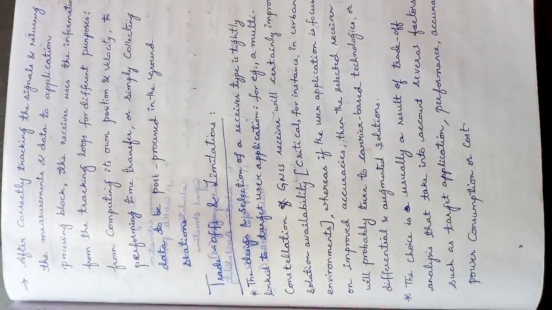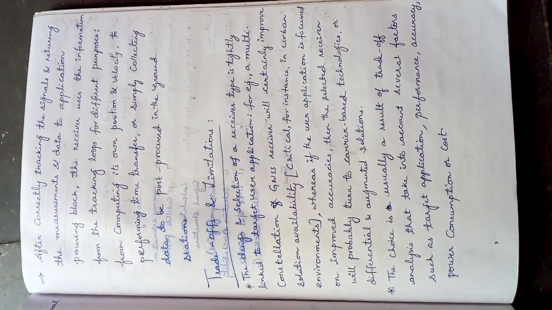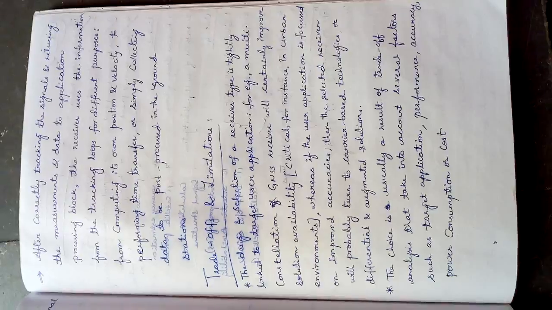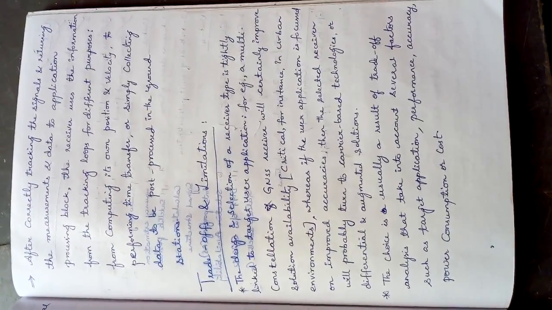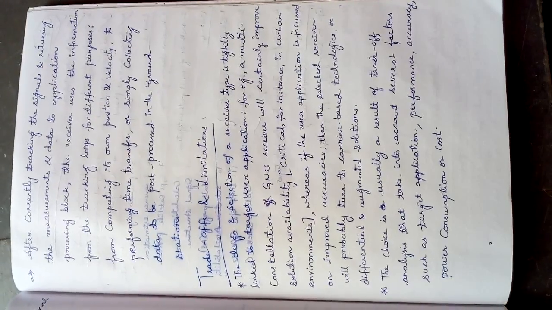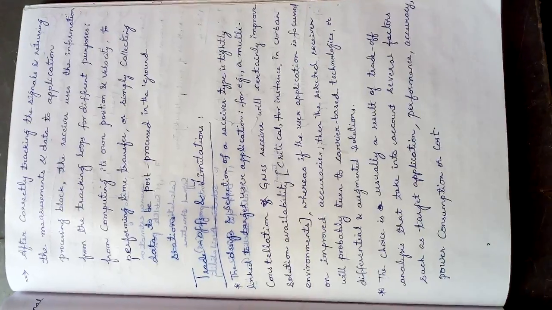And next, trade-offs and limitations. The design and selection of a GPS receiver type is tightly linked to the target user application. For example, a multi-constellation GNSS receiver will certainly improve solution availability, critical for instance in urban environments.